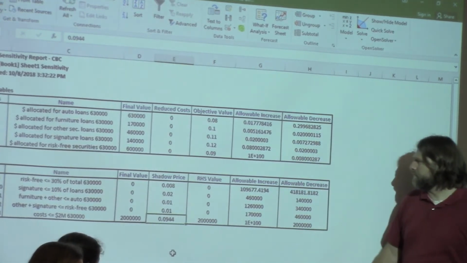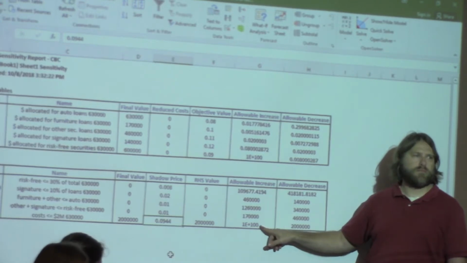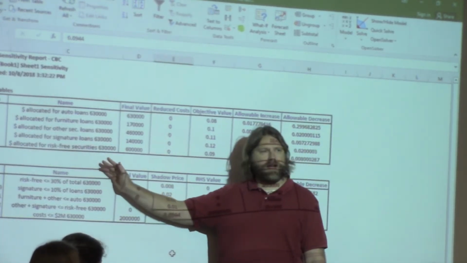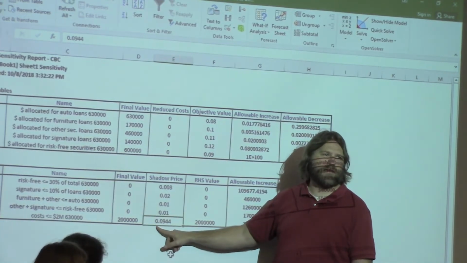If they're constants, this can increase as much as we want, right? So this tells us if we could change these constraints in some way, how much additional benefit it would make us.